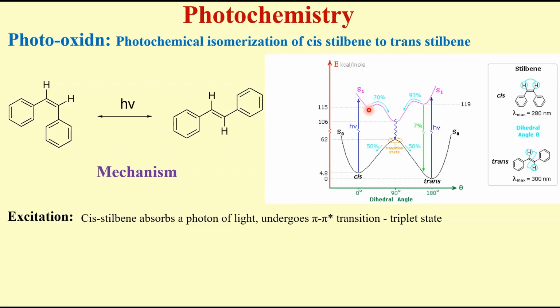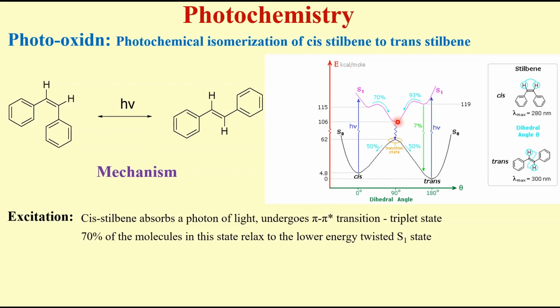At this higher energy singlet state, 70% of this will lose energy and come down to 106 kilocalories per mole. It changes to the more relaxed, twisted S1 state.